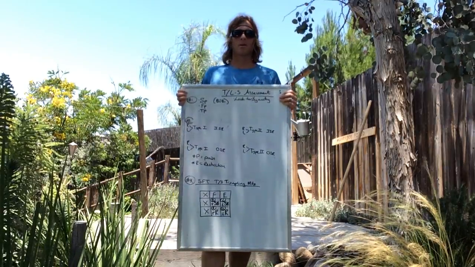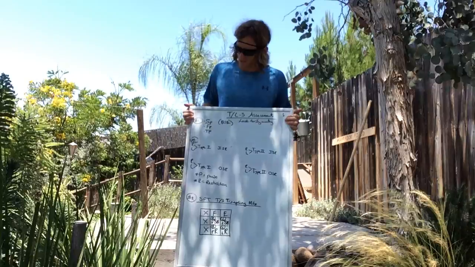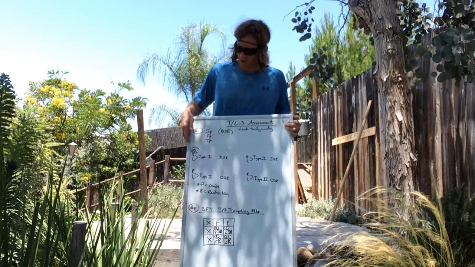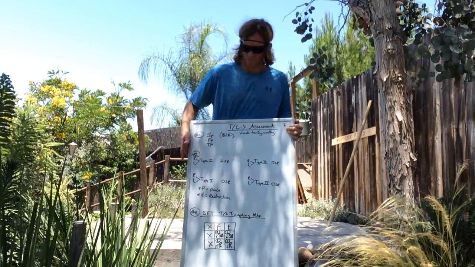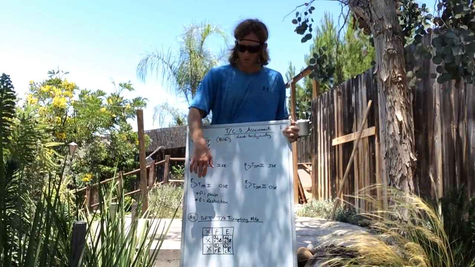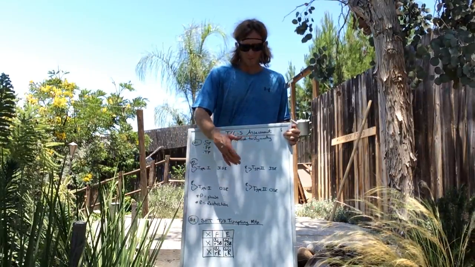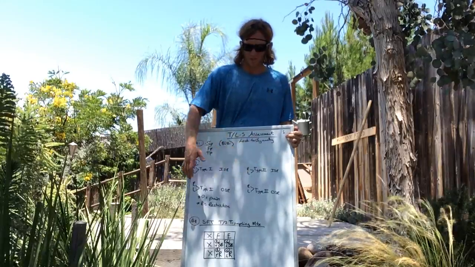At the top here is the stage 1 that I'll go with first. Stage 2 here, my type 1 in sync, out of sync, right and left. My type 2 in sync, or my type 2 out of sync and in sync.